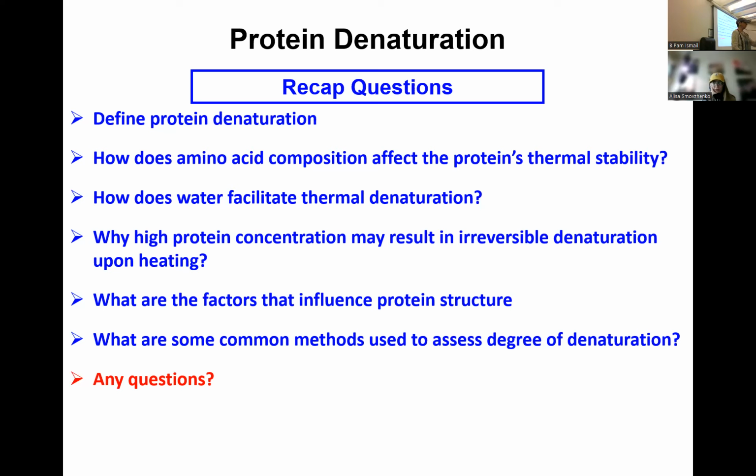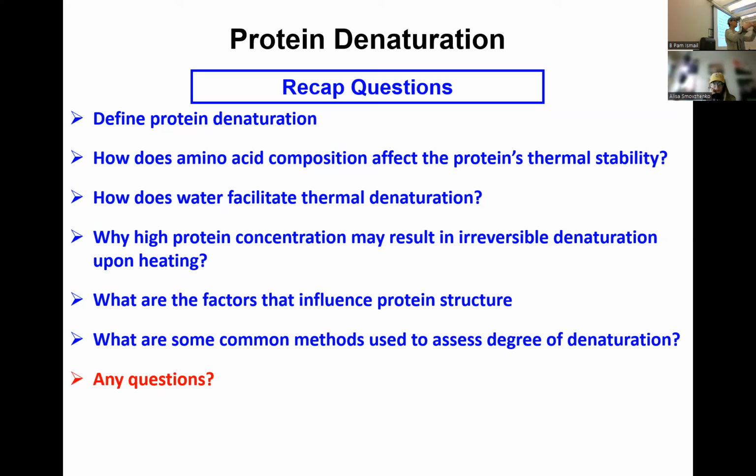Can you please explain the high protein concentration effect? Yes. When you have a solution of 1% protein and a solution of 5% protein, the 1% has fewer protein molecules in the same volume. When you heat, those proteins are denatured. The 5% will have a lot of denatured molecules, which means shorter distances between those proteins in solution.